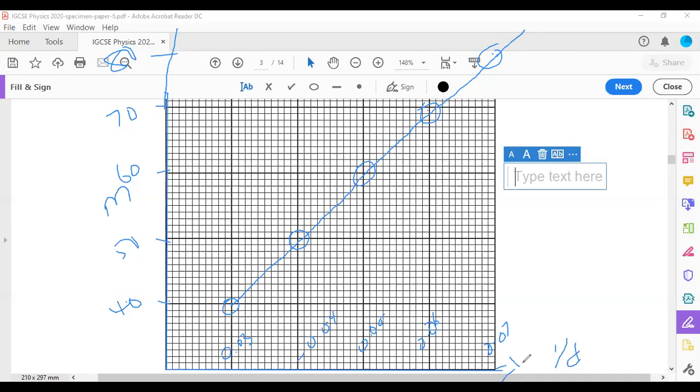Everybody get that so far? IGCSE students, so I get to plot it like that.